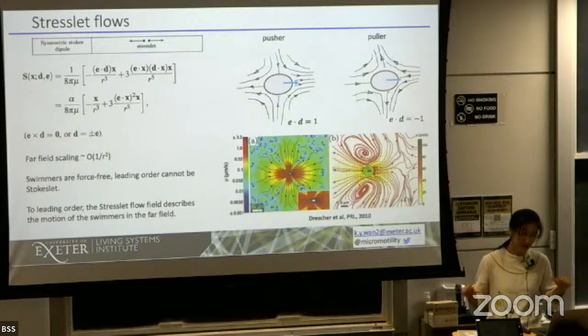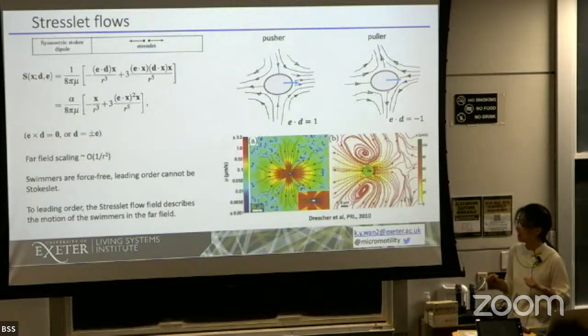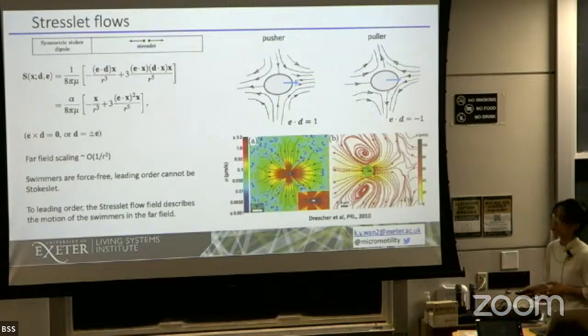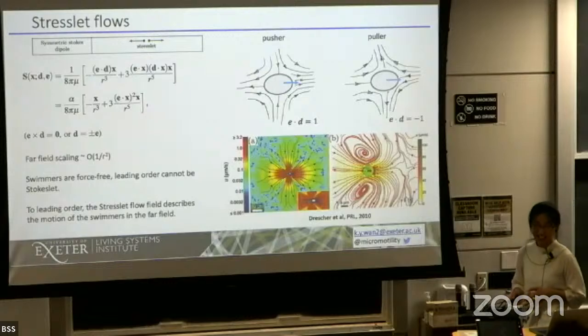If you flip the directions of these arrows, you get something known as a puller instead. These drawings are supposed to represent, to leading order, the flow patterns generated when you have a pusher profile versus a puller profile.